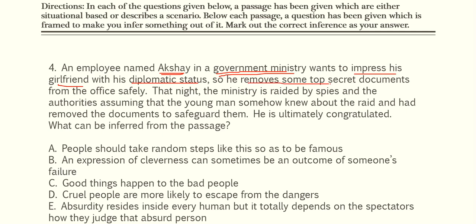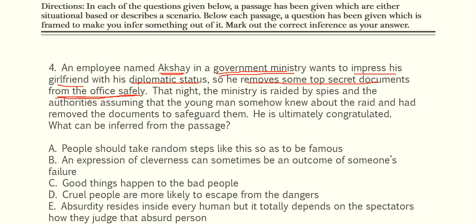He removed some top secret documents from the office safe. Can this be an ethical activity? He is removing top secret documents from the office. So that is actually a crime, right? You're doing an illegal activity, right?